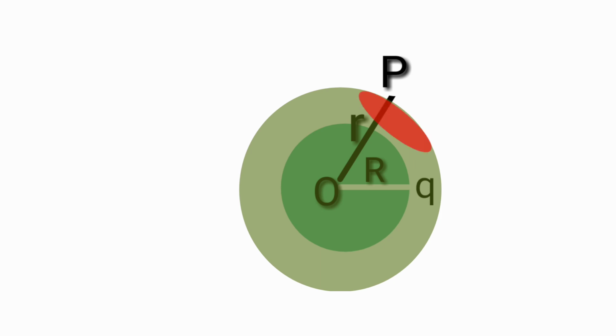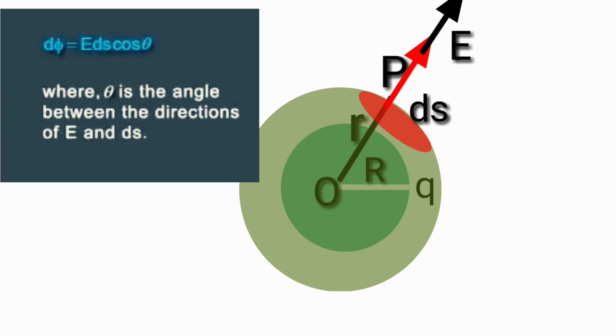Consider a small region of area dS around the point P in which the electric field is uniform. Now, the electric flux through the small element of area dS is dΦ equals E dS cos theta, where theta is the angle between the directions of E and dS.